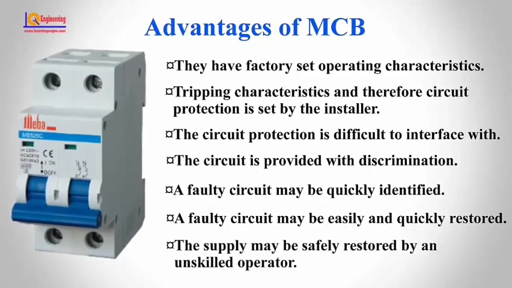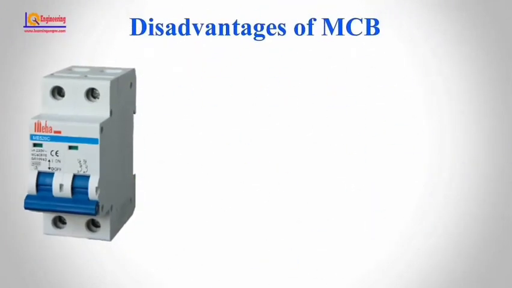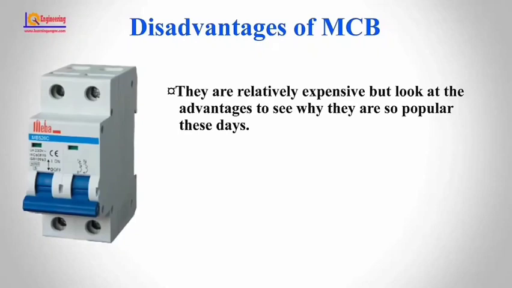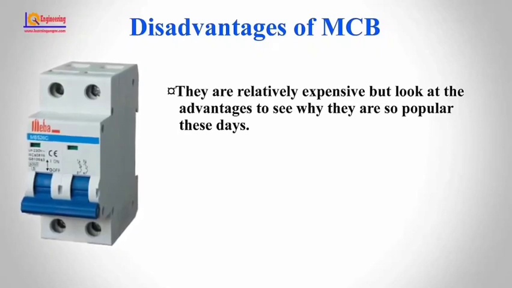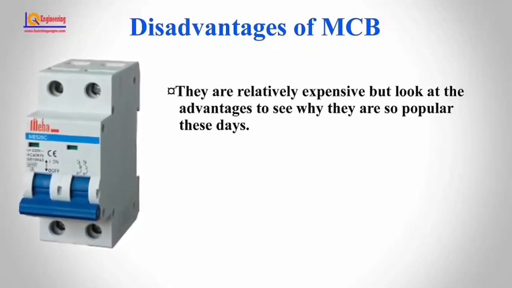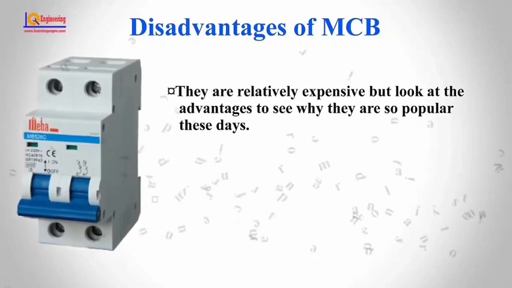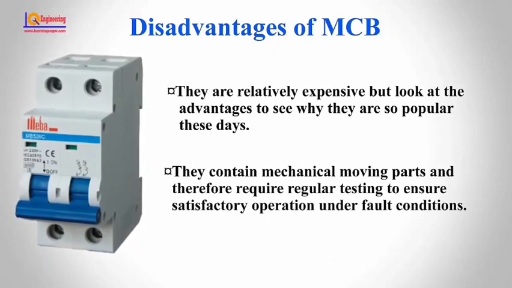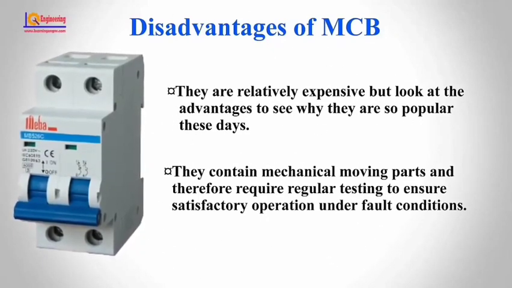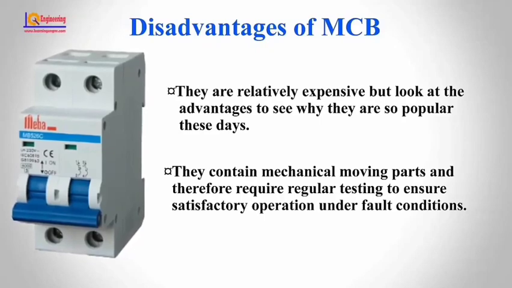The supply may be safely restored by an unskilled operator. Disadvantages of MCB: they are relatively expensive, but look at the advantages to see why they are so popular these days. They contain mechanical moving parts and therefore require regular testing to ensure satisfactory operation under fault conditions.